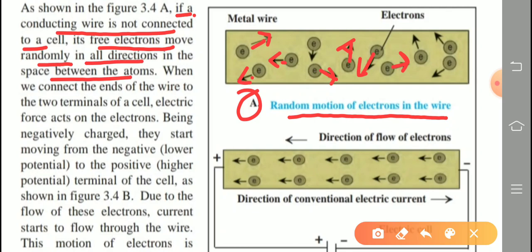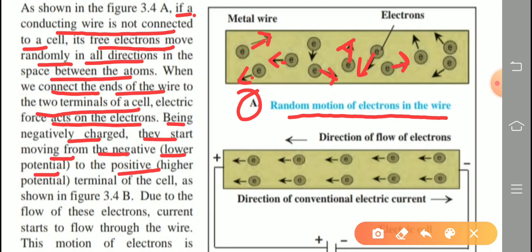Next, when we connect the ends of the wire to two terminals of a cell, electric force acts on these electrons. Third point, being negatively charged, they start moving from the negative, that is the lower potential, to the positive, that is the higher potential terminal of the cell.